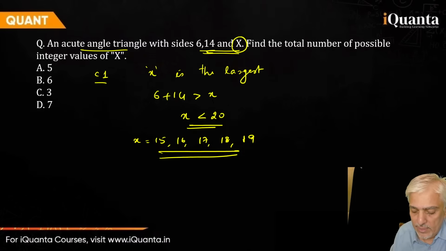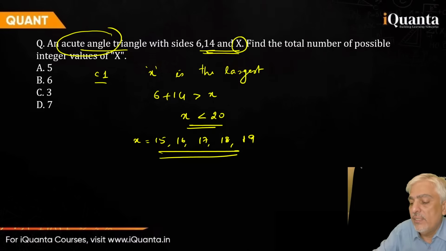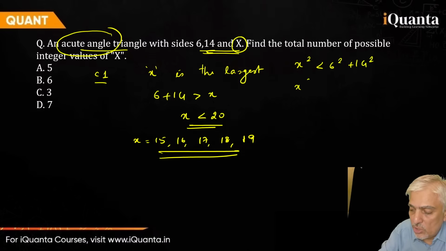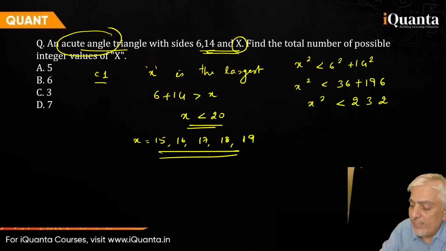Right? After that what? But we also have to look at acute angle triangle. What about that condition? Acute angle triangle ka condition? What is the property over there? X square will have to be less than 6 square plus 14 square. So x square will have to be less than 36 plus 196. So x square has to be less than 232.